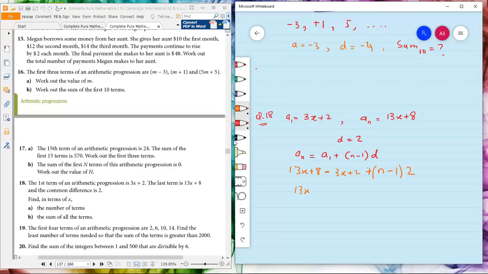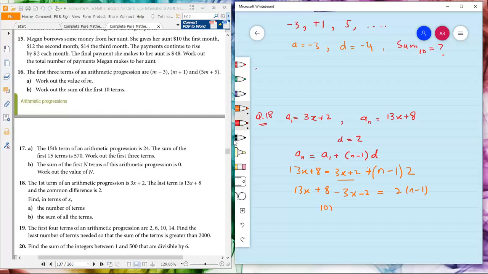So 3x plus 2 plus 2n minus 2. Shift this to this side: minus 3x minus 2.